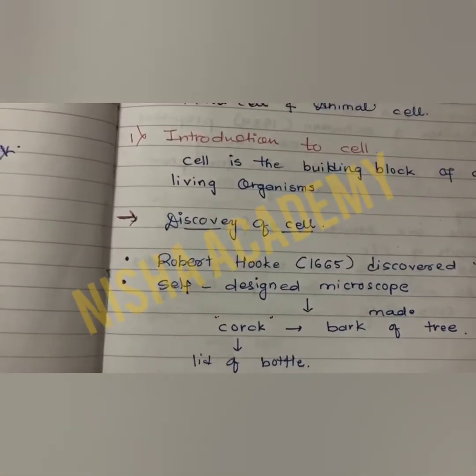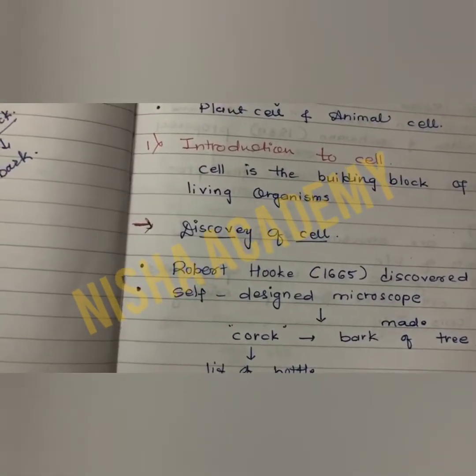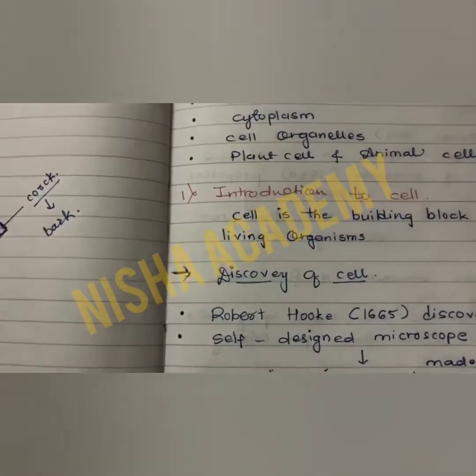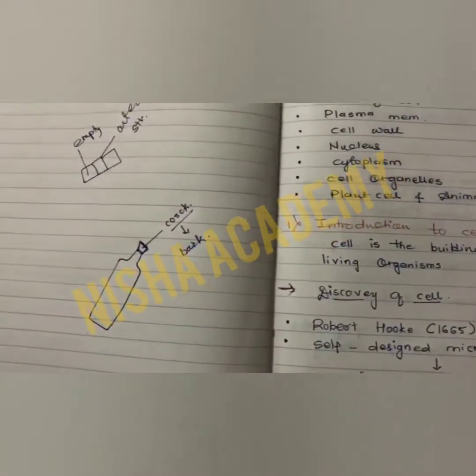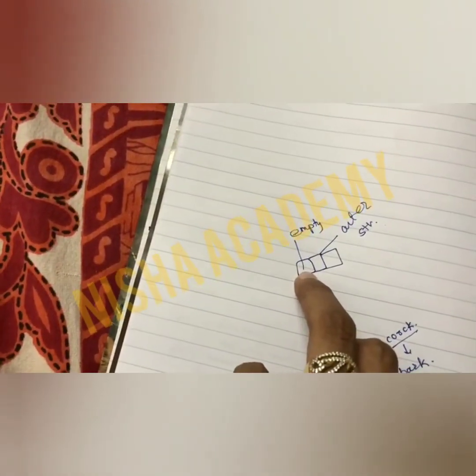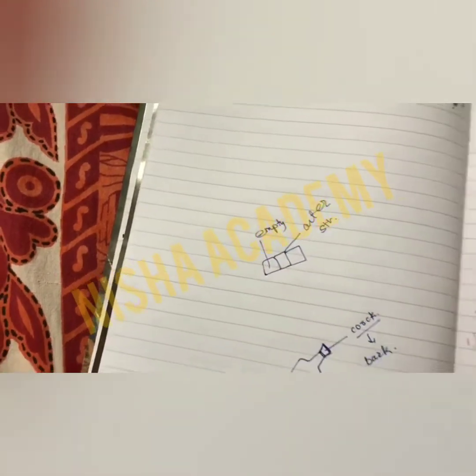He took a thin slice of cork, not the whole cork. On viewing the thin slice, he saw empty spaces enclosed by walls, like boxes, with a gap in between and an outer wall.